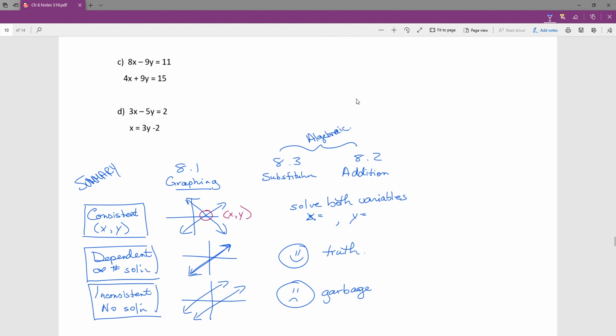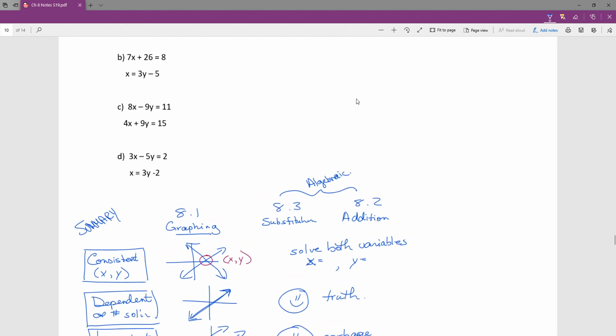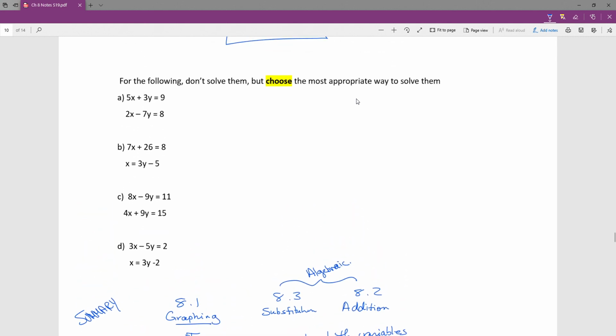So with these three different ways of solving, there are different systems of equations that are already kind of set up. Now these don't necessarily work out that easily. So we want to just go through with these ones and decide. So, you could graph any of them, but generally what's wrong with graphing?